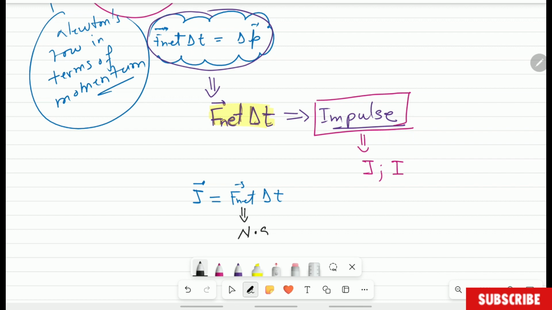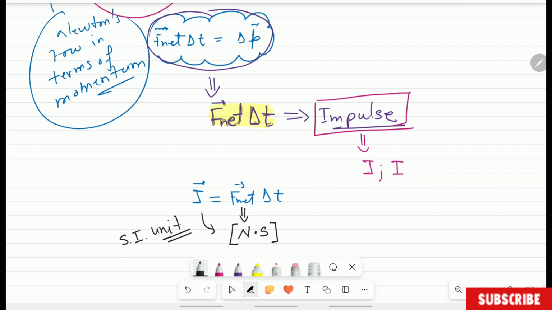Second. This one is the unit for impulse. The unit, let's write SI, International System of Units, for impulse, is Newton second. Is Newton multiplied by second. Any question there?